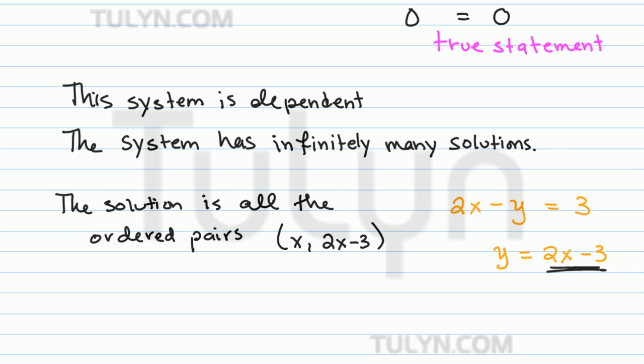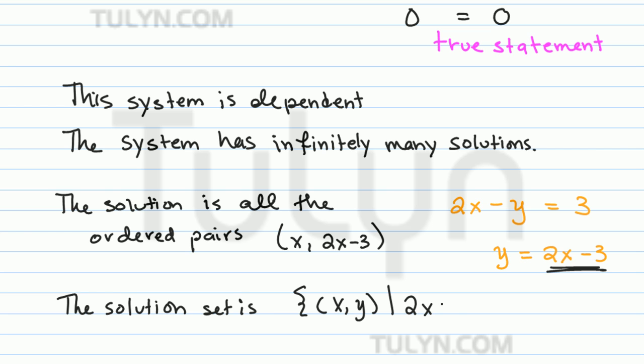And another way of writing it, which is more sophisticated, is that the solution set is the set of ordered pairs x, comma, y such that either of the equations are satisfied.